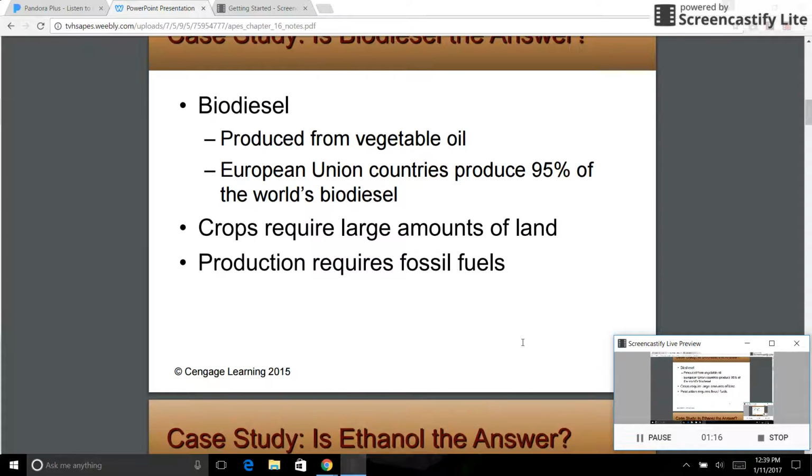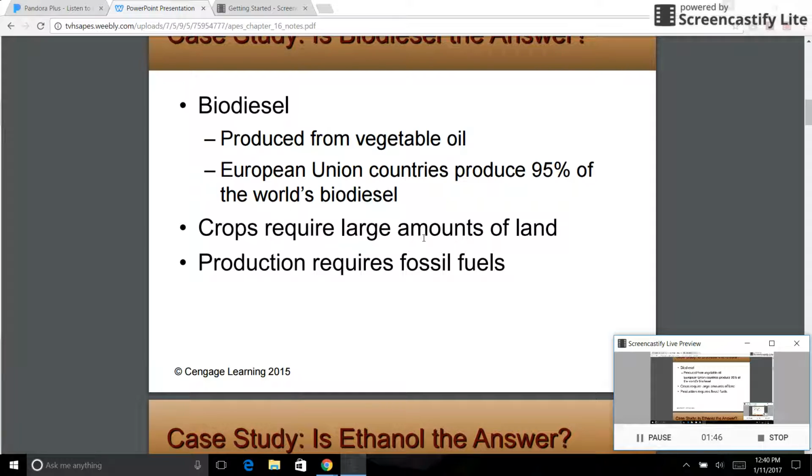So, biodiesel. We're going to talk about two types of biofuels, biodiesel, and then we'll talk a little bit about ethanol. So biodiesel can be produced from various types of crops. Not necessarily we're going to focus on any one in particular, but just something to know is that biodiesel does require large amounts of land because you're essentially harvesting some of the main industrialized crops that also feed us.